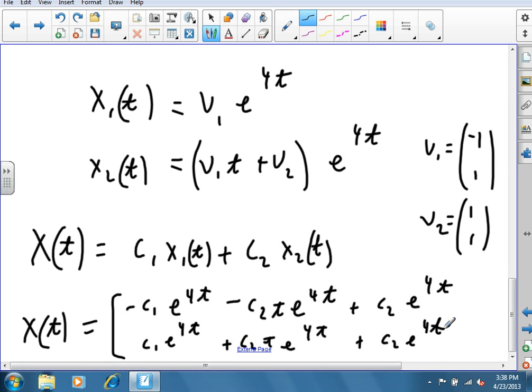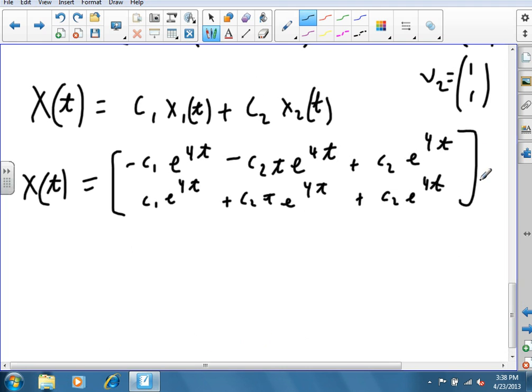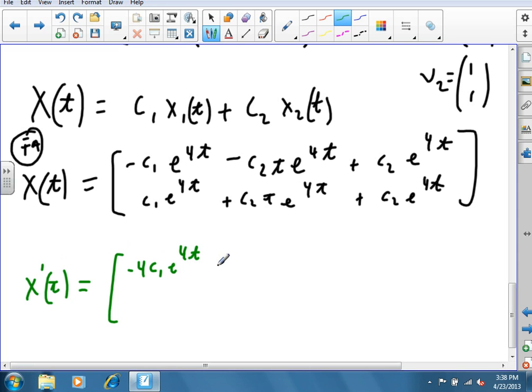Okay, did I do that right? Yes, it appears I did. So that would be our final answer. But now we'd have to check our work. So we go and say, well, x prime of t is going to look like what? Minus 4 c1 e to the 4t. Okay, I've got minus c2 plus 4 c2.